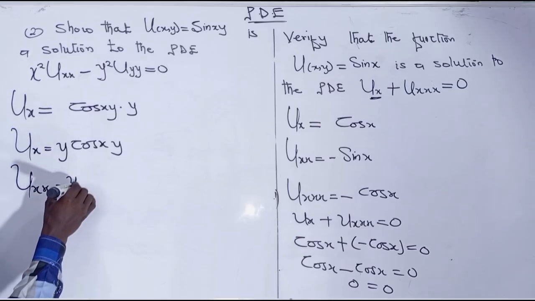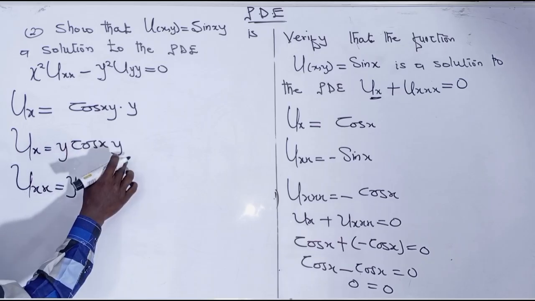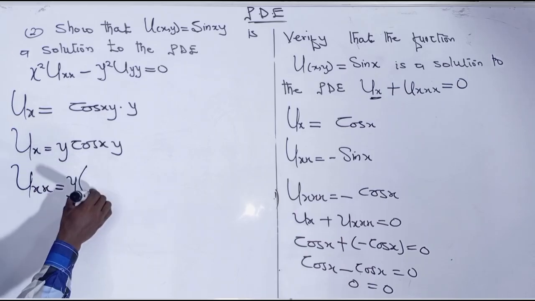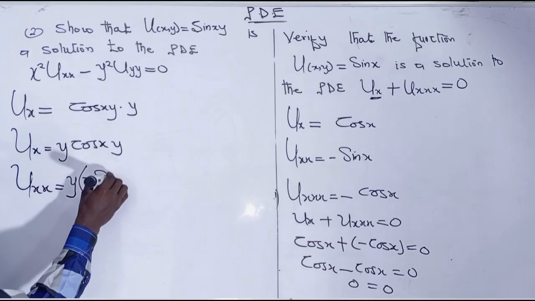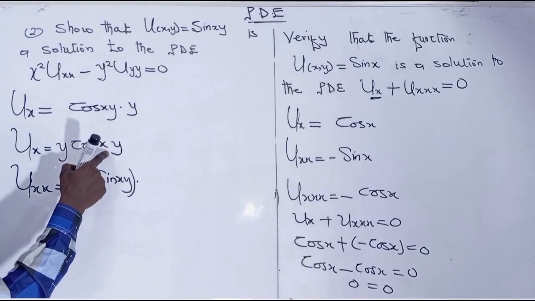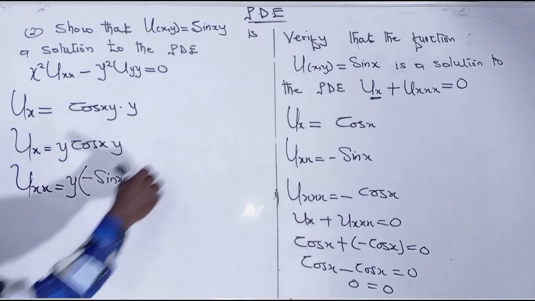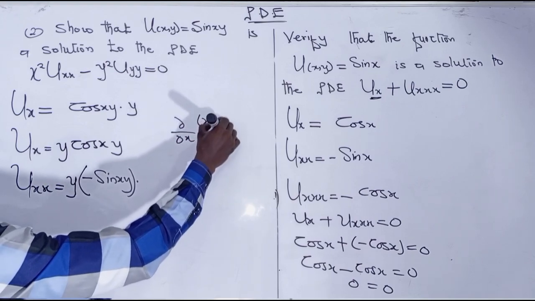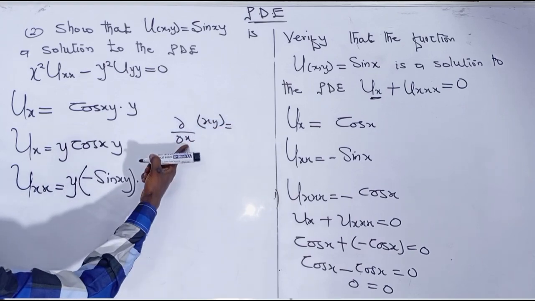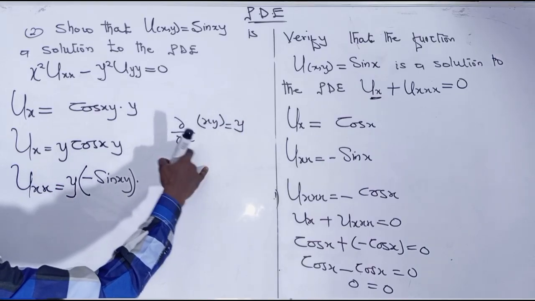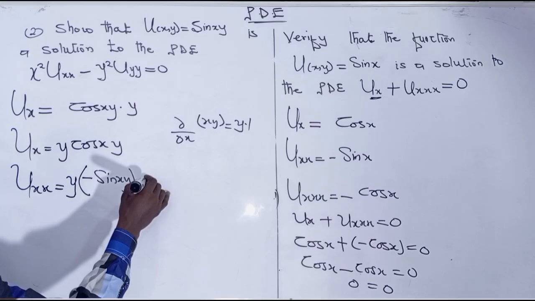So we have y, then we differentiate this with respect to x. We differentiate the outside: when we differentiate cos xy, we get minus sine xy. Then we multiply it by the derivative of the inside function xy with respect to x. Since we are differentiating with respect to x, y becomes a constant. Then we differentiate x with respect to x, we have 1. We have y.